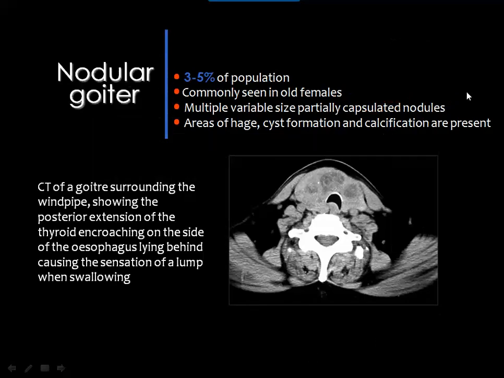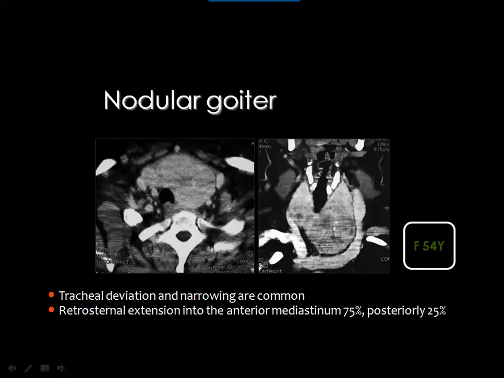Goiter is a common pathology seen in about 3 to 5% of the population, commonly seen in females and in old age. And the affected thyroid will show multiple variable sized nodules, and these nodules may be cystic and may be solid, and they may show internal hemorrhage, and frequently they also show some calcification.